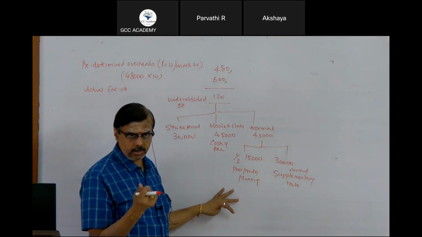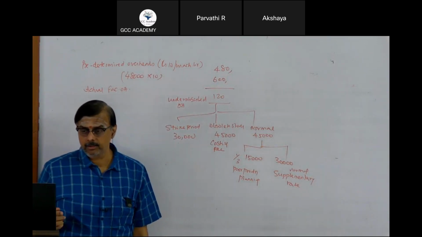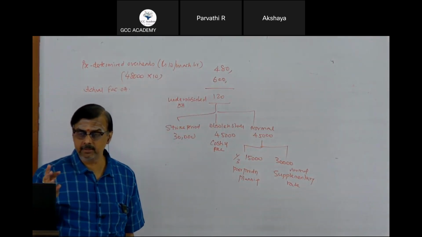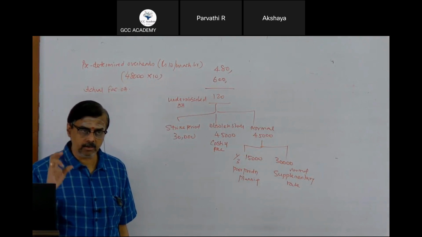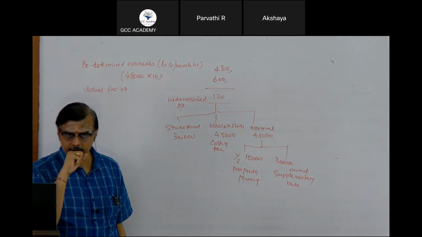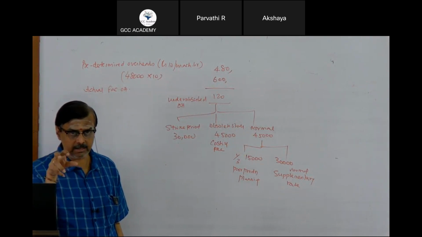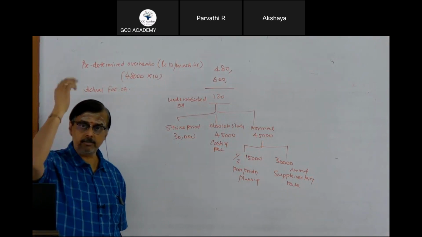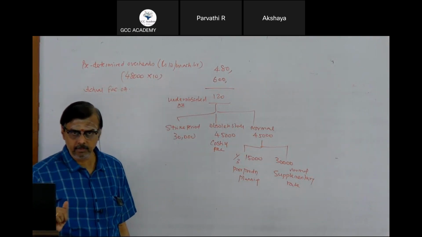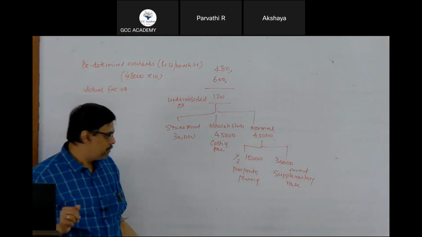Now there are two things we can do. We go back to our discussions in material. How to control scrap and defective, I said then: if the scrap or defective is due to departmental mistake, then you have to absorb it as a part of departmental overheads. So you have to understand why the scrap or defective is higher. The same applies here.